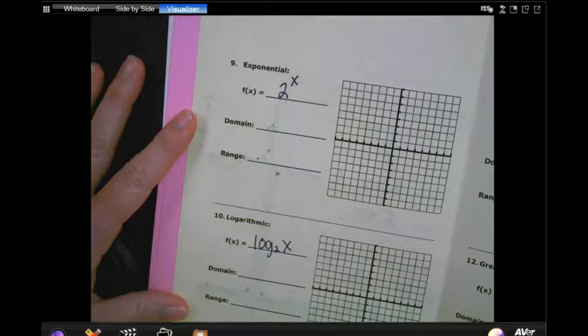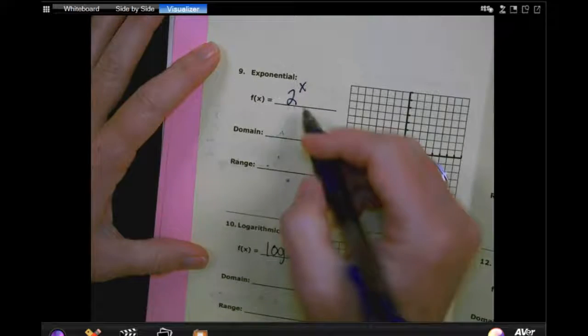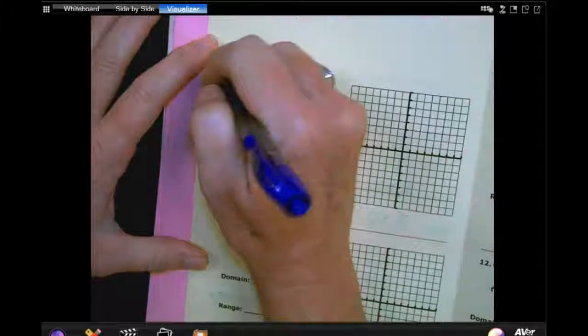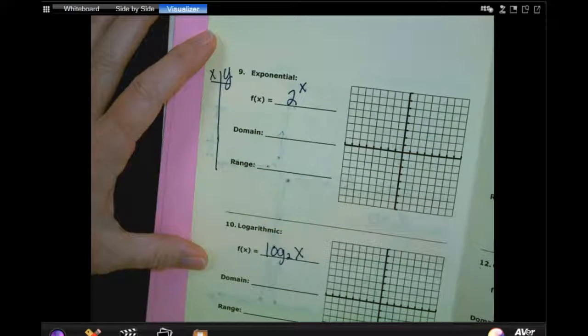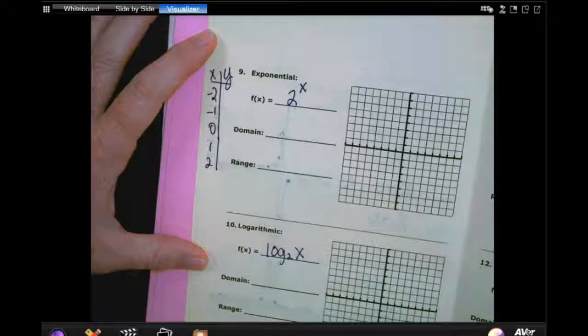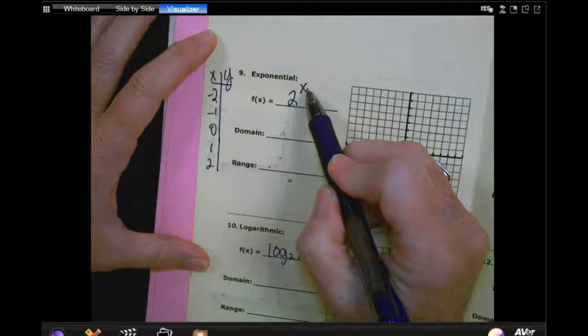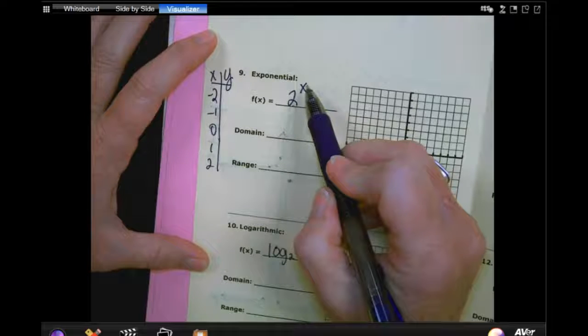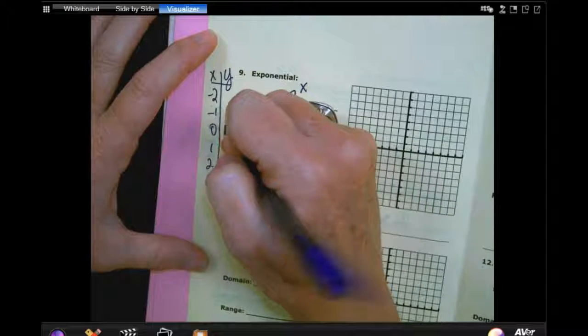And the reason I'm going to do that is because the log and the exponential are inverses of each other. So if we make a table for the exponential, first of all, what's 2 to the 0 power? 1. Anything to the 0 power is always 1. So 2 to the 0 is 1.